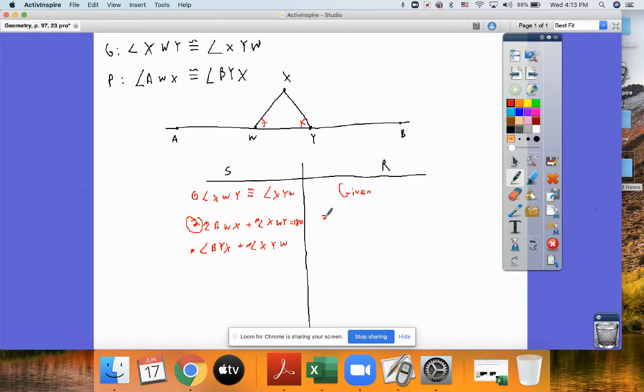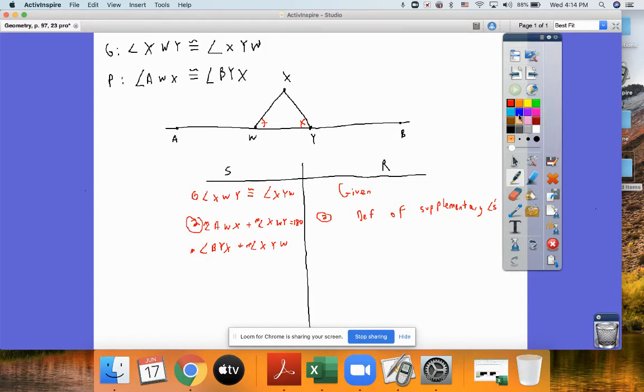Why? Definition of supplementary angles.